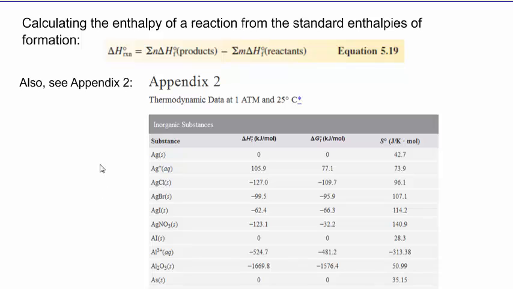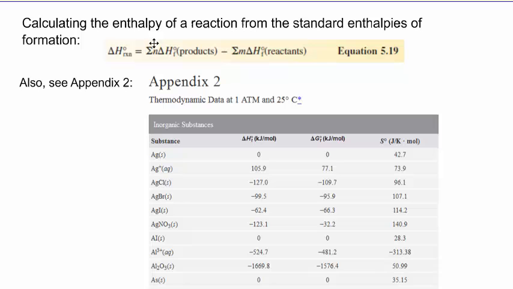So how do we put this all together to find the standard enthalpy of formation for an entire reaction? I'm given some chemical reaction, A plus B goes to C plus D sort of thing. The standard enthalpy change, delta H, with a little degree there meaning standard state conditions, which is 1 atmosphere and 25 degrees Celsius, of a reaction, Rxn, is equal to, now this big funny symbol here is an uppercase sigma, that is the summation, meaning you're going to add everything that follows it.